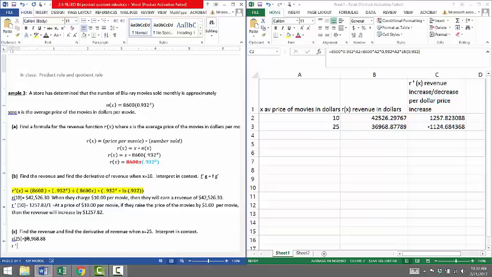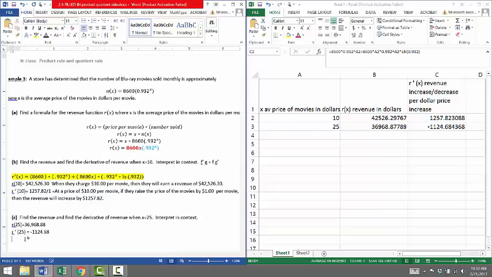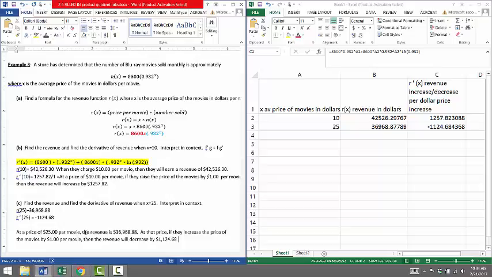R prime of 25 seems to be negative 1,124.68. So this means at a price of $25 per movie, the revenue is $36,968.88. At that price of $25 a movie, if they were to increase the price of the movies by $1 per movie, then the revenue would decrease $1,124.68.